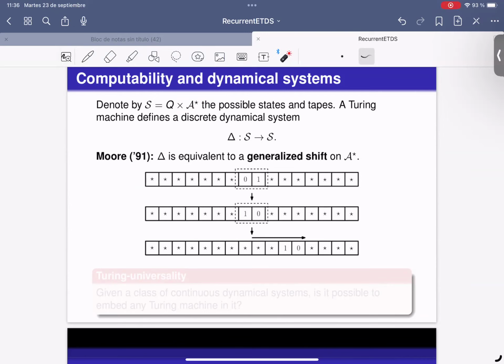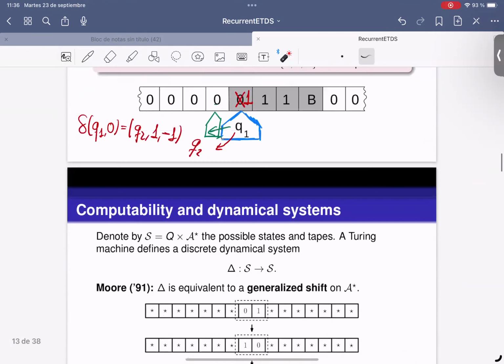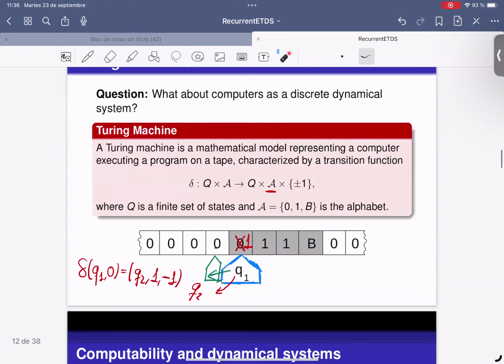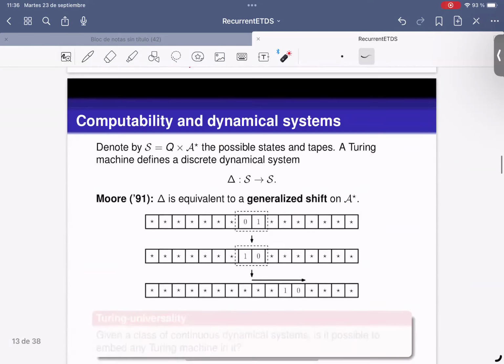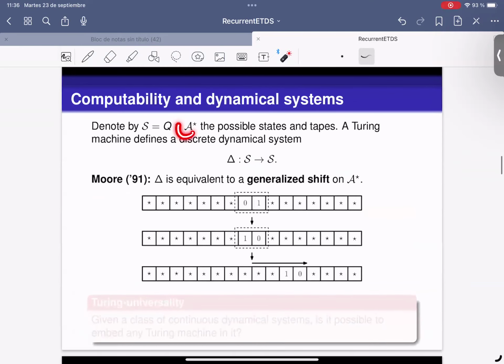And the thing that is shifting is the tape, not the head. Okay, it's easier to explain by thinking that the head is moving, but you can alternatively think that the tape is moving, and the head is always at position 0. So here, the head is always at the 0 position, and an iteration of this discrete dynamical system is one step in the Turing machine.